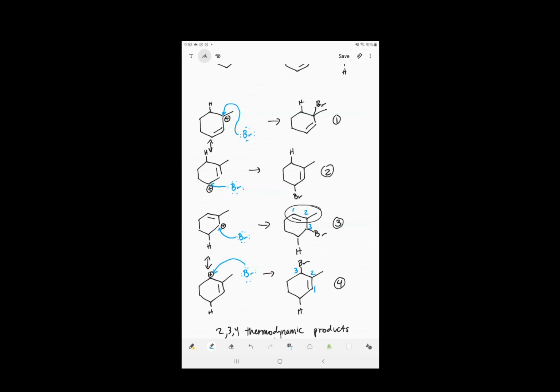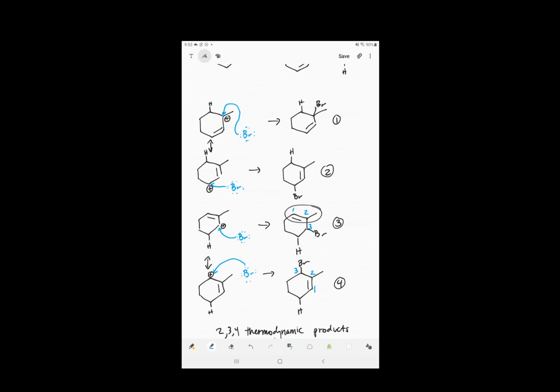Something special about those 2? How might we relate these to each other? The resonance? Not quite. I was going to say isomers, but they're not quite isomers of each other.